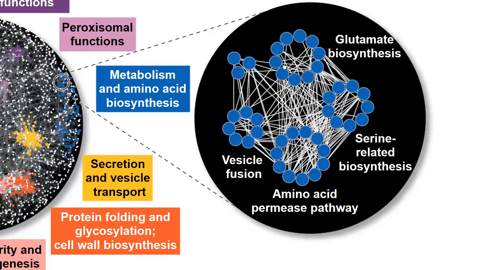And each one of these genes, as you can see, has some lines extending and connecting to other genes, which means that these genes are interacting with each other. These white lines represent interactions between these genes. So as you can see, there's an extensive network of very complex interactions between these few numbers of genes.